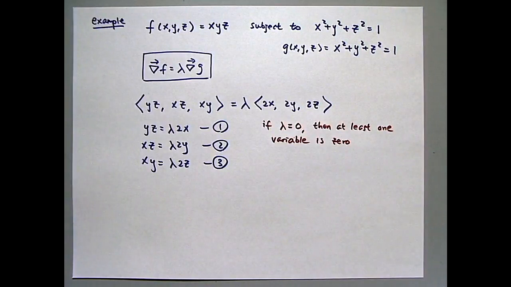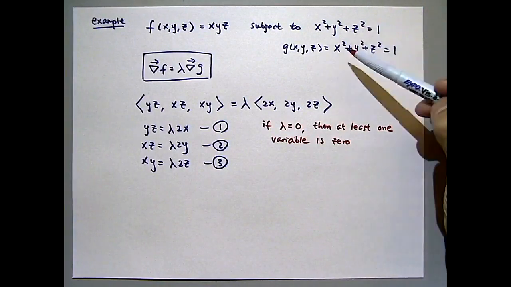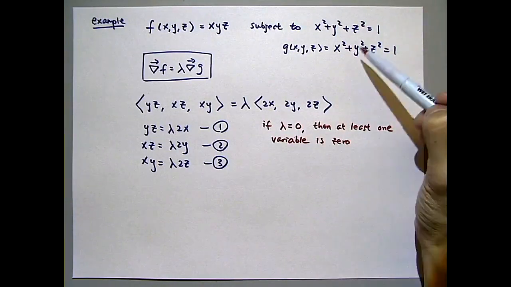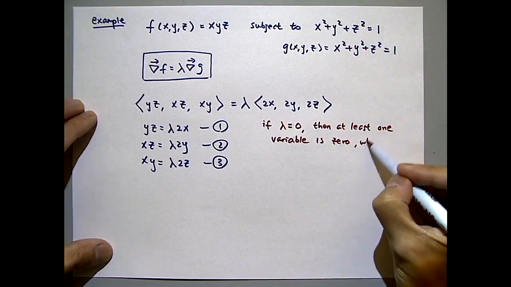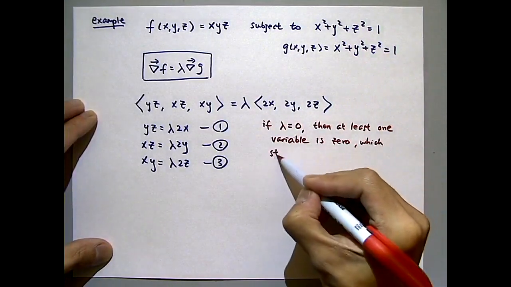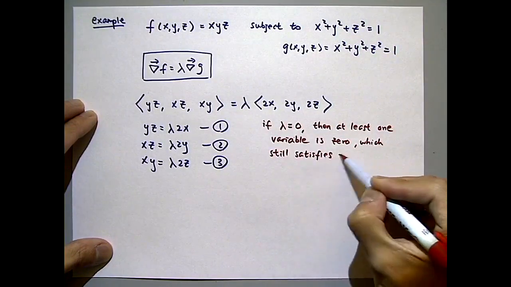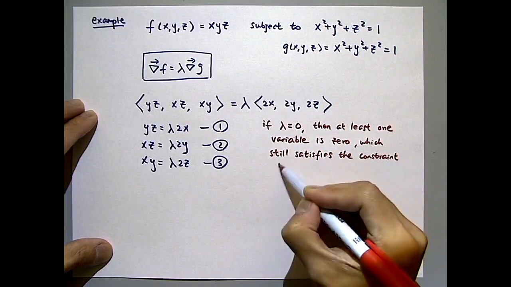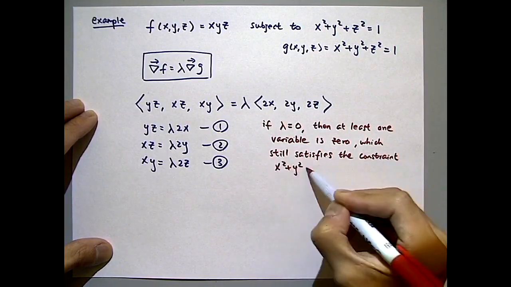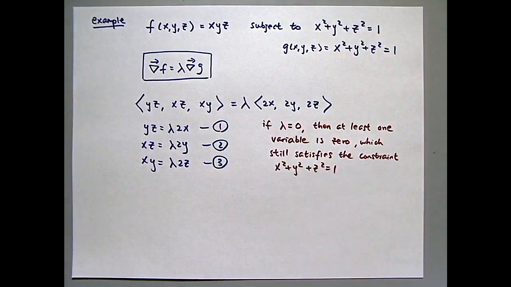But that's still okay because it can still satisfy the constraint, right? If you make one of these 0, even if you make two of these zeros, you can still satisfy the constraint. So so far it looks like lambda could be 0. Okay, fine.